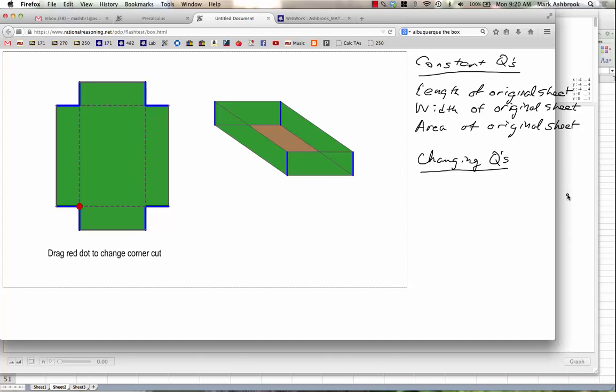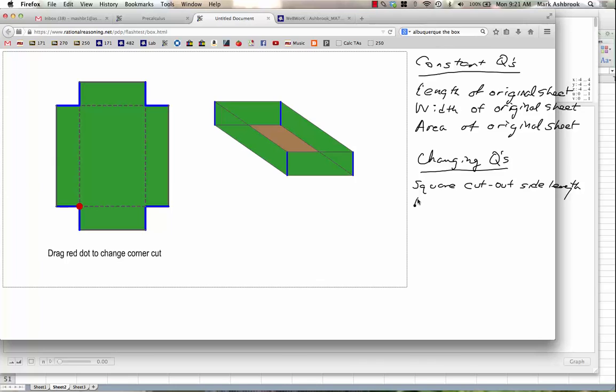Cutout length, square cutout side length. Others. What else changes?